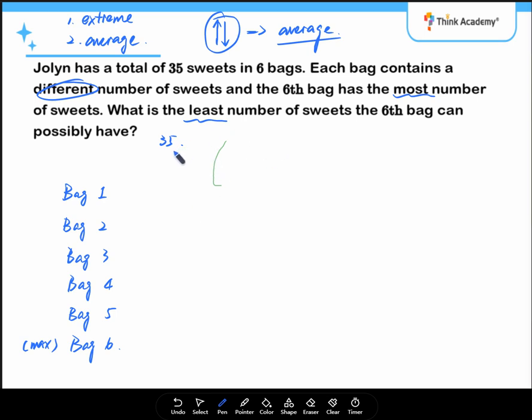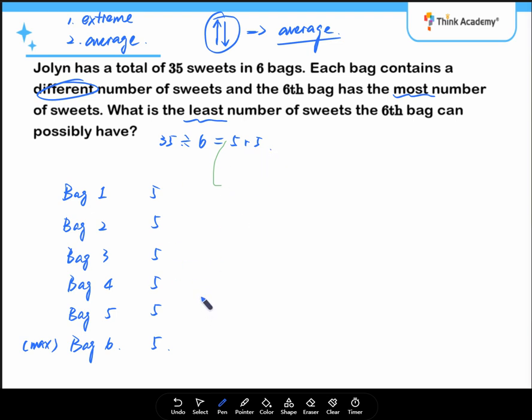All right. So for example, with the first method, you can see 35 divided by 6 is 5, remainder 5, right? It means 5, 5, 5, 5, 5, and 5. And later don't forget to give some extra to those 5s.